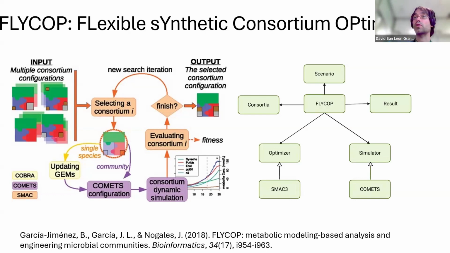Previously it was mainly shell scripts and R. Now we created several classes to create a framework where we have the option to use several optimizers, not only SMAC3, which is what we have for now, but also Optuna. For simulators, for now we have COMETS, but we can also use the classical dynamic FBA algorithm, which is a little bit faster than COMETS. And this is the first point that we started.